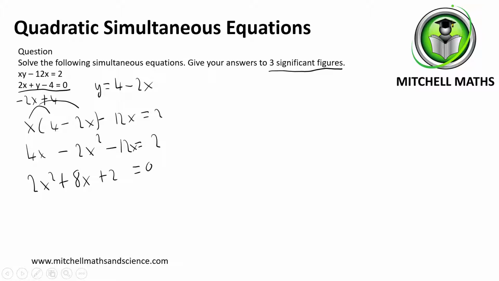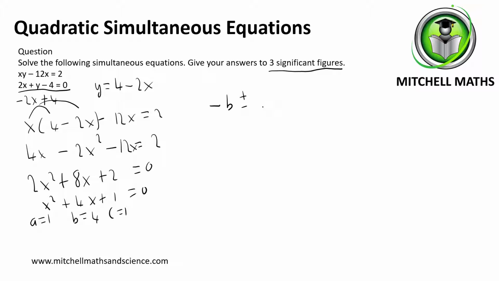Now, before I use the quadratic formula, what I can do is notice it's all divisible by 2. So I can divide it by 2 to make easier numbers. Therefore, I'll have x squared plus 4x plus 1. And then I need to get my coefficients, my a, b and c values, for when you use the quadratic formula.